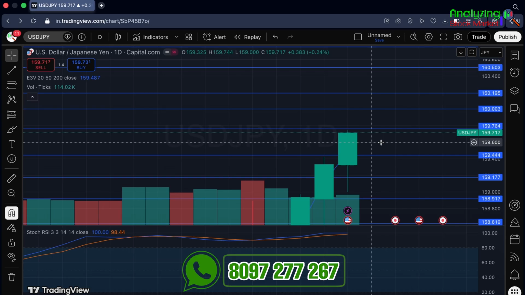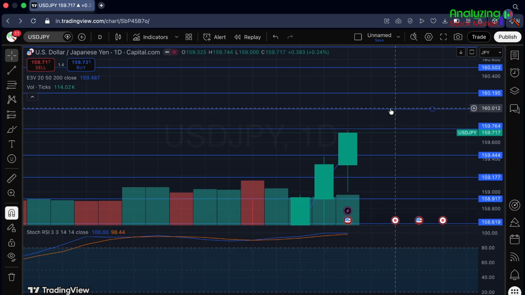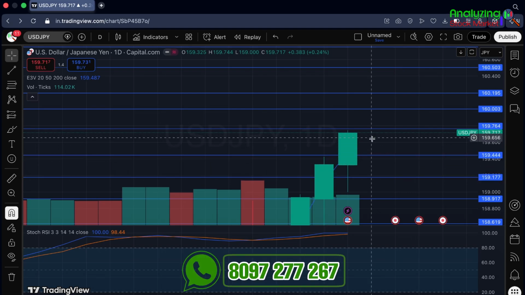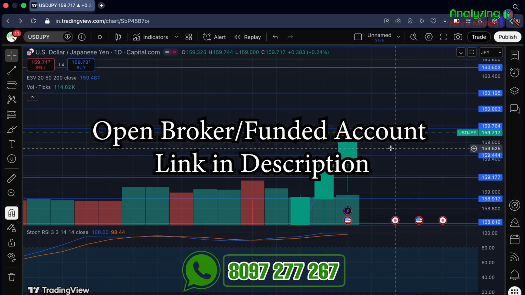If you're going for any long trade, you can go long once 159.764 gets breached and a 4-hour or one day candle closes above this, and you can go long till this level, which is very close. If you're going for any short trade, then only go short once 159.144 gets breached and a 4-hour or one day candle closes below this level. Then you can go short till this level. My expectation is a bit of sideways movement, in the no trading zone within this range.